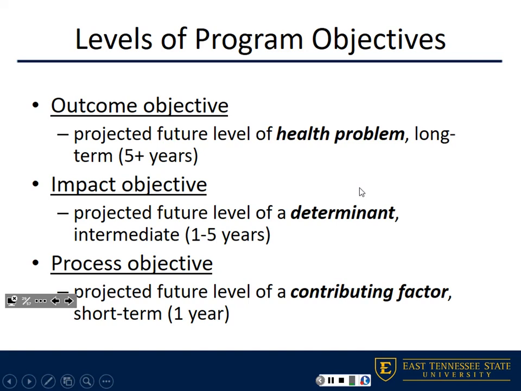The rationale is that process objectives are typically the easiest to achieve relative to the impact on outcome objectives, and also because typically we need to see a change in the process objective before we can influence the other objectives and see a change in their level. So again, I'm going over this very quickly because we discussed all of this last week.